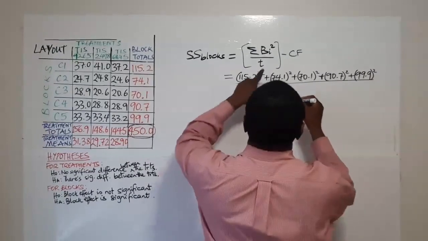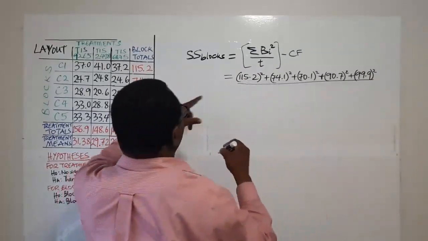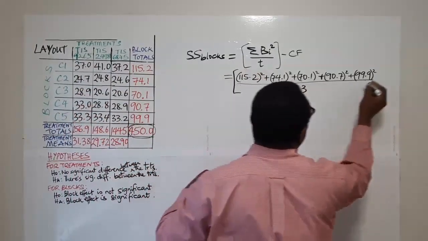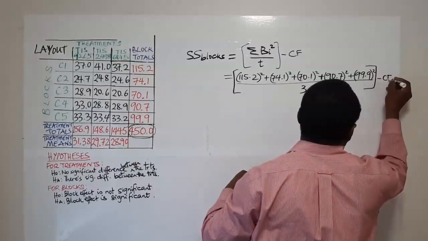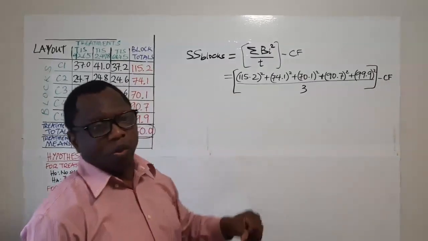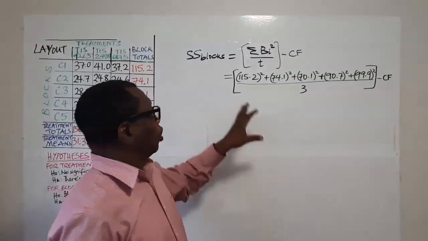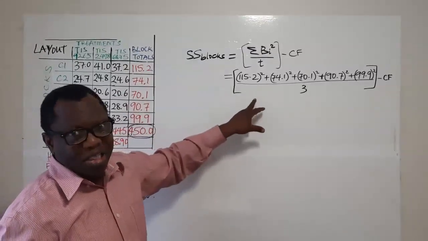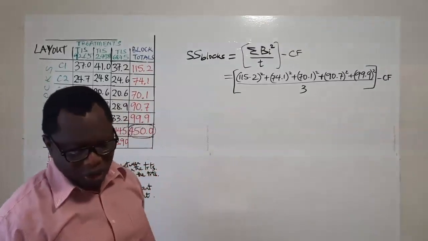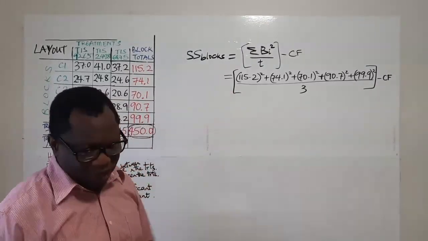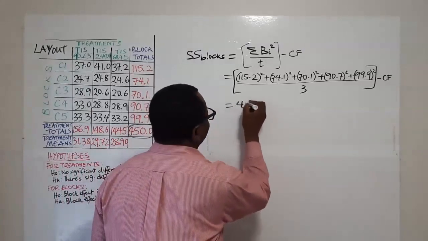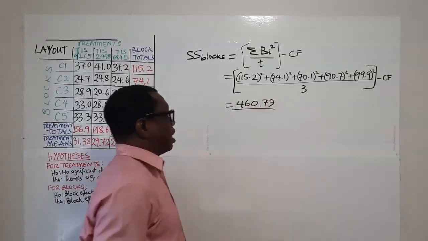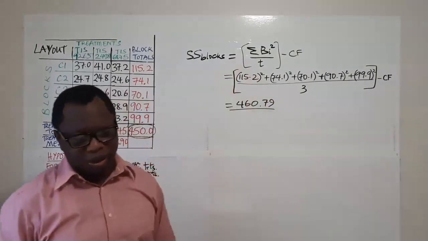Everything will be divided by t, and our t in this case, number of treatments, 1, 2, 3. We divide that by 3, and the whole expression will subtract our correction factor, which had earlier been computed. So with this formula, we are ready for our SS blocks. That's the blocks sum of squares. And if we compute this expression, it will give us 460.79. That's the final answer for that SS blocks.